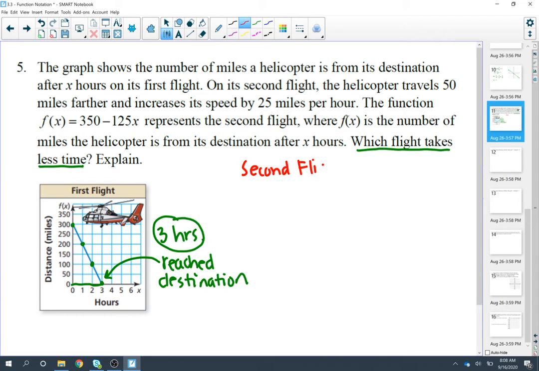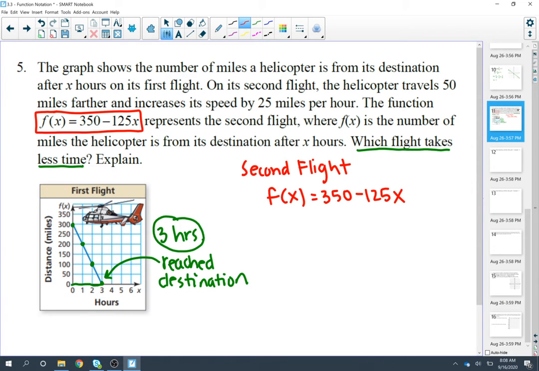So second flight. Now the second flight, we don't have a graph, but we do have a function. So they gave us this function f of x equals 350 minus 125x. And we want to know, how long does it take for this flight to reach its destination?